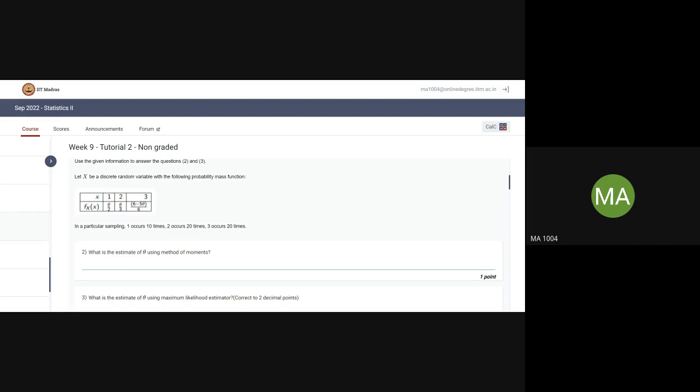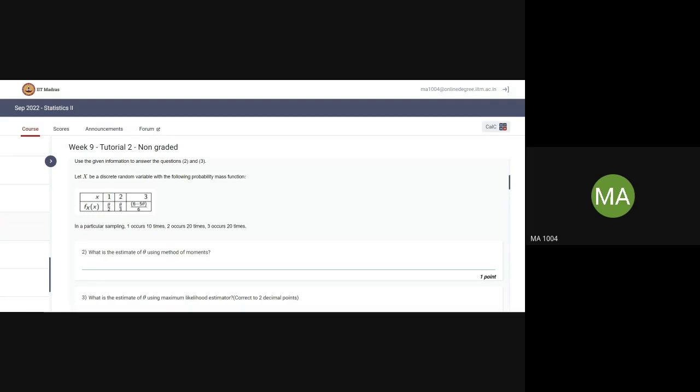When you find the first moment, you equate it to the expected value of x. So the expected value of x is theta by 2 plus 2 theta by 3 plus 3 into (6 minus 5 theta) by 6. From there you get the expected value of x in terms of the parameter theta, as a function of the parameter theta.